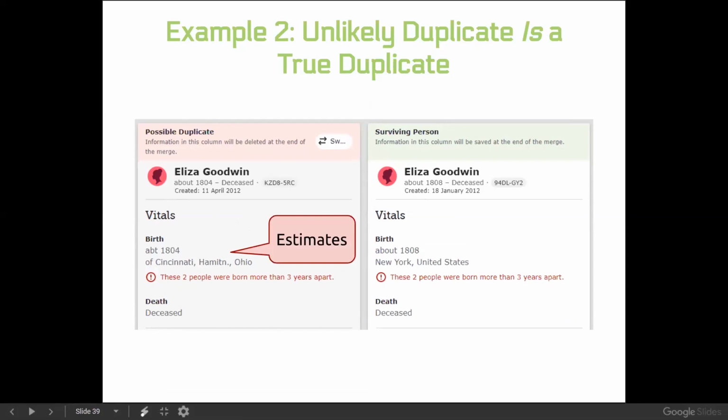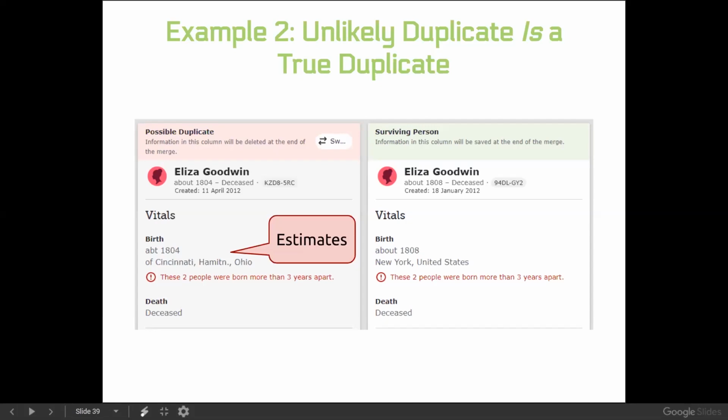I don't remember if they lived in Cincinnati. I think they might have been married there, but they definitely lived in Ohio. And so that's why the person who added the record put that as an "of" birthplace, because at that point they hadn't found the accurate birthplace. So all those things need to be considered when you're deciding whether that is a true duplicate or not.